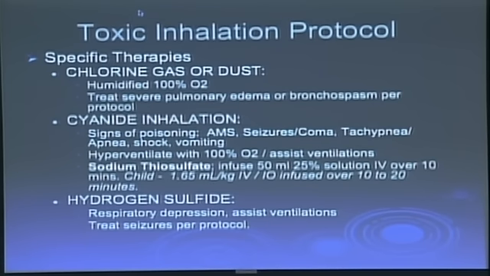Think, well, maybe it's cyanide. You can use the sodium thiosulfate, 25% solution, 50 cc's infused over about 10 minutes. That will not affect your pulse oximetry. Then they go to the closest hospital, and if the hospital wants to make the choice of treating with the cyano kit, they can do that.